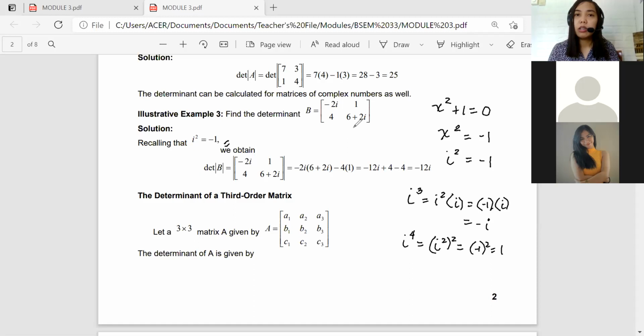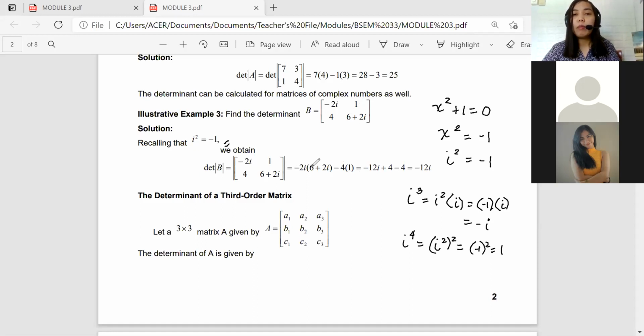Same process. This is like multiplying a monomial by a binomial, so you need to multiply -2i in each term. So -2i multiplied by 6 plus 2i minus 4 multiplied by 1.